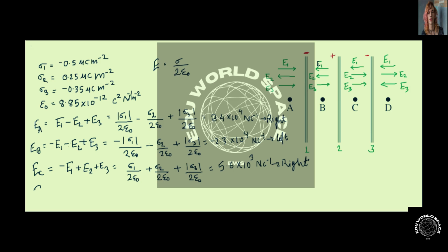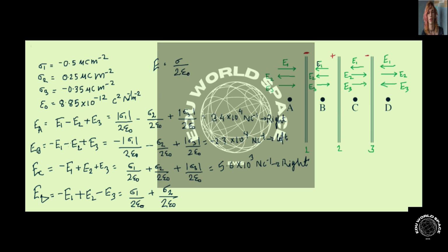Now similarly, electric field at point D is equal to minus E1 plus E2 minus E3. So minus E1 is simply sigma 1 upon 2 epsilon naught plus sigma 2 upon 2 epsilon naught.